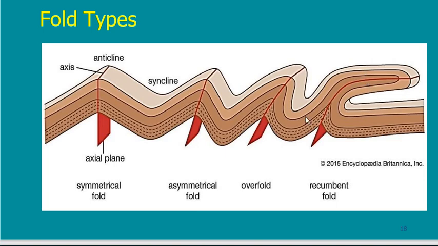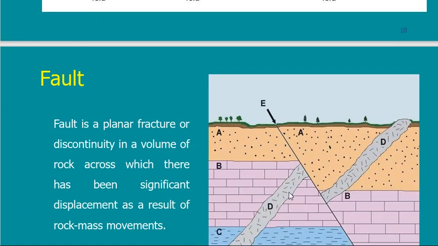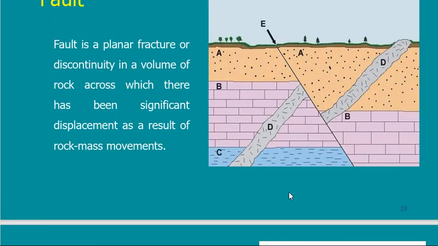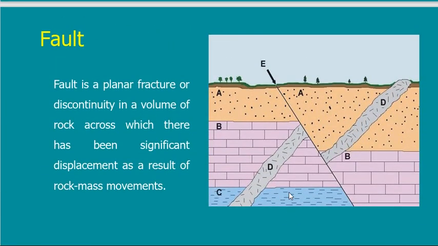If the upper layer here is called layer 1 and the lower layer is layer number 6, you will have lots of layers beneath each other, and this formation is very complicated to discover with few boreholes. This is what we are going to discuss now. So now we finished what is called fold.